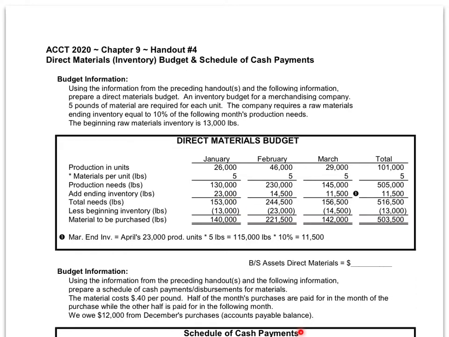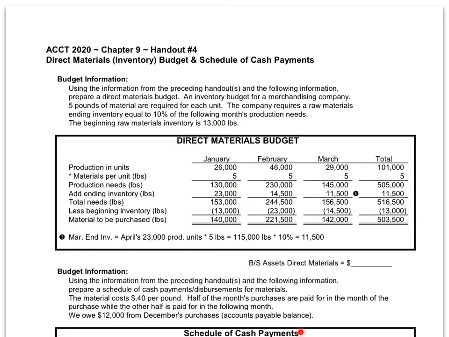At the end of December, we would have needed 10% of our January pounds. So 10% of 130,000 is 13,000. That number was given to you, but even if it hadn't been, you could have calculated it. So 153,000 is our total pounds needed for January. We have a beginning inventory of 13,000, so we need to buy 140,000 pounds.